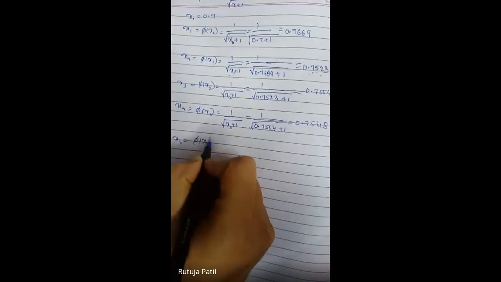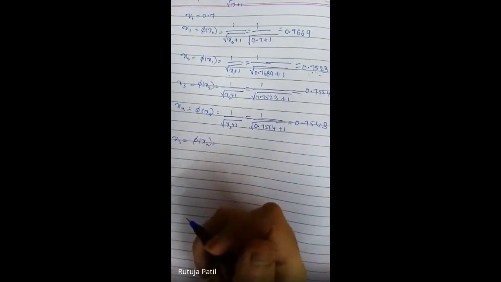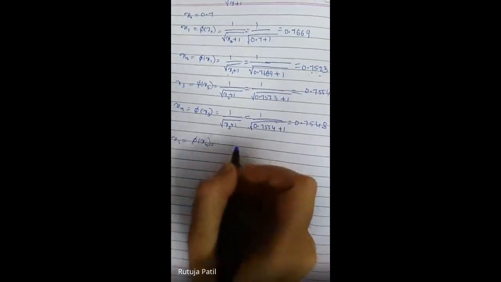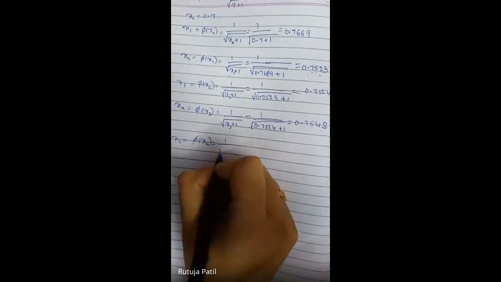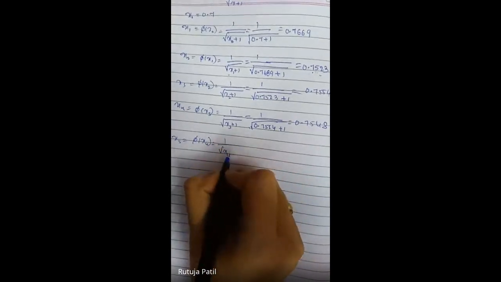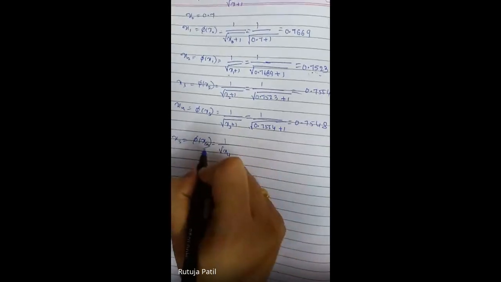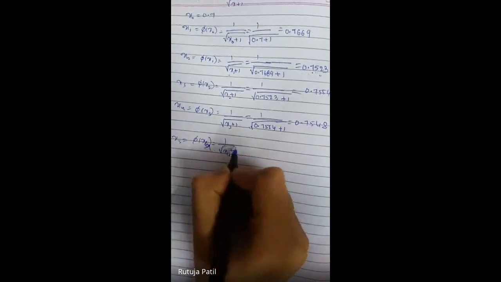Psi of x4. So 1 divided by square root of x4 plus 1.